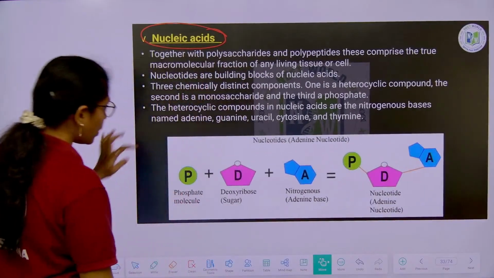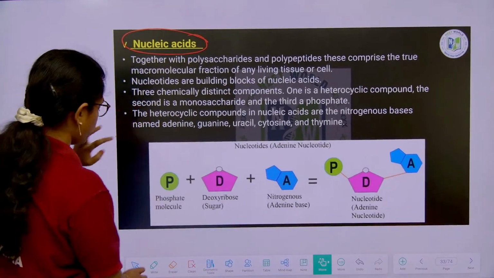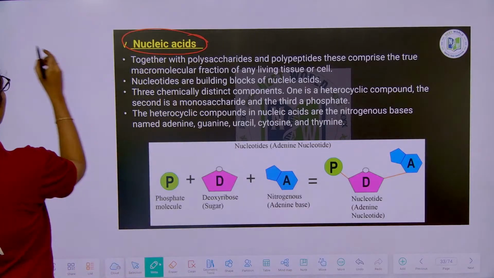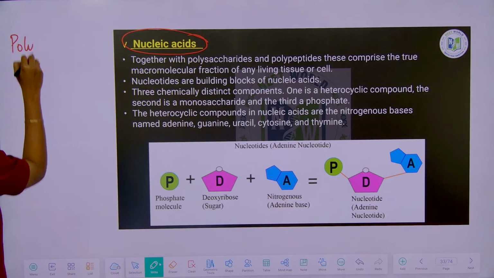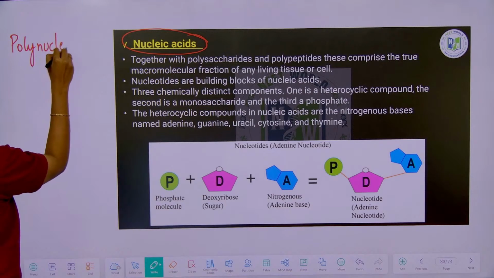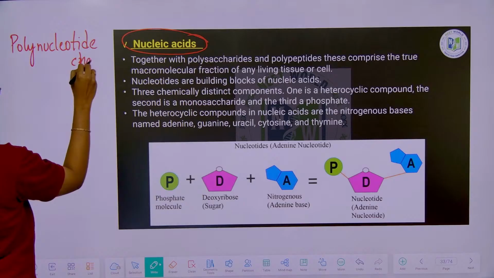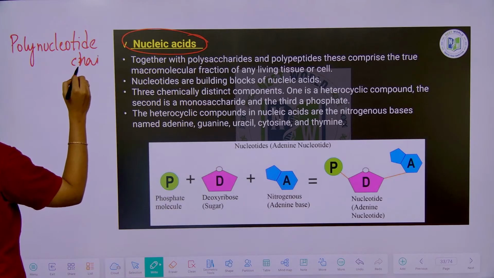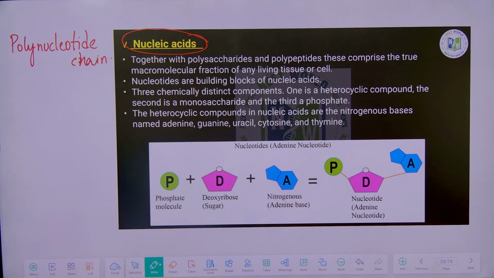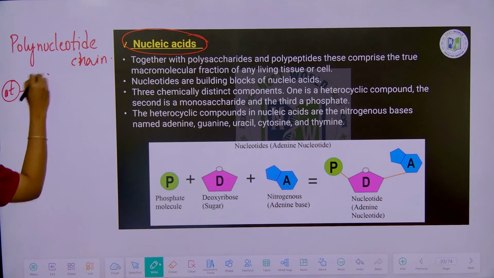Like that, what will you address a nucleic acid as? A polynucleotide chain. It means it is a chain of nucleotides.